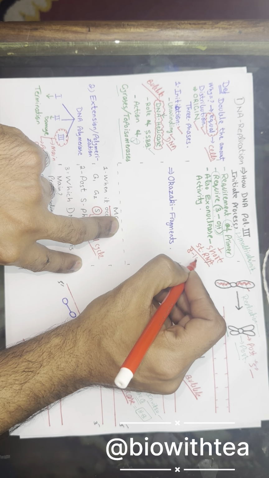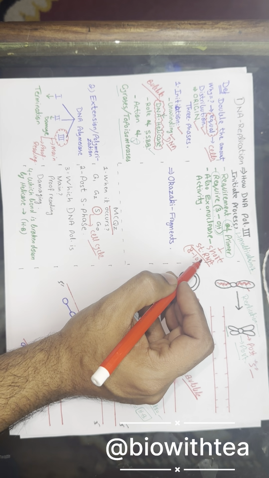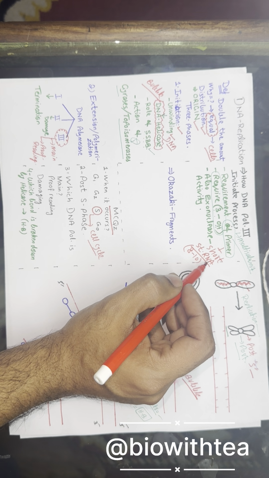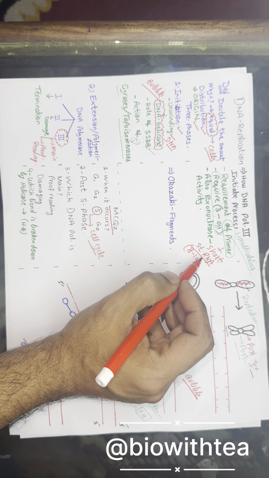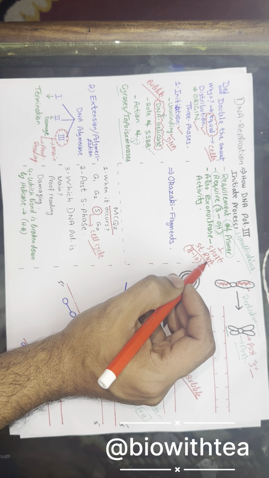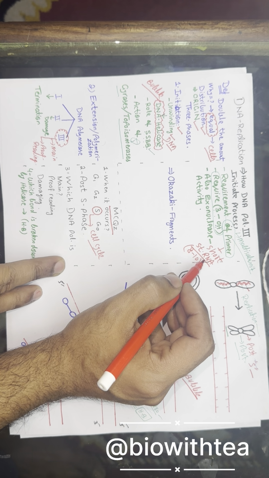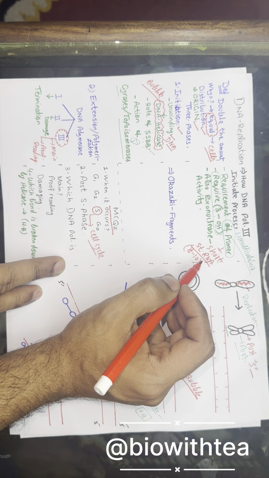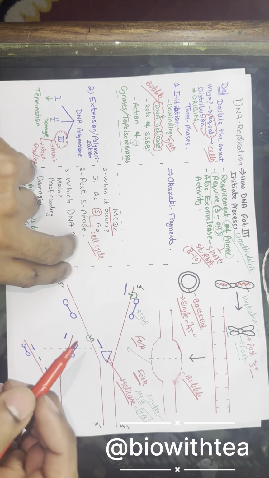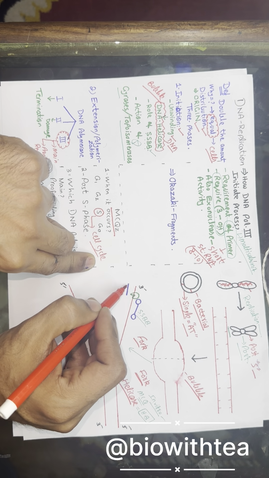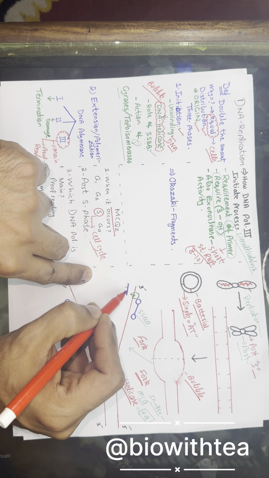There are only 8 to 10 nucleotides. Do you know the difference between DNA based nucleotides and RNA based nucleotides? RNA based nucleotides contain ribose instead of deoxyribose, and they contain uracil instead of thymine. Okay, this is the primer, a short strand of RNA based nucleotides.